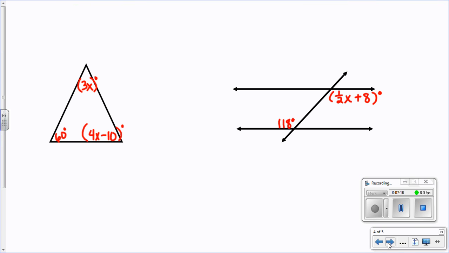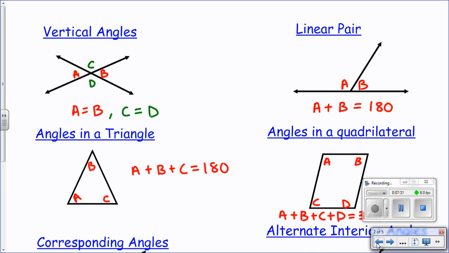In this example, these are angles in a triangle. If I go back to my notes page, it tells me angles in a triangle, I add and set them equal to 180.